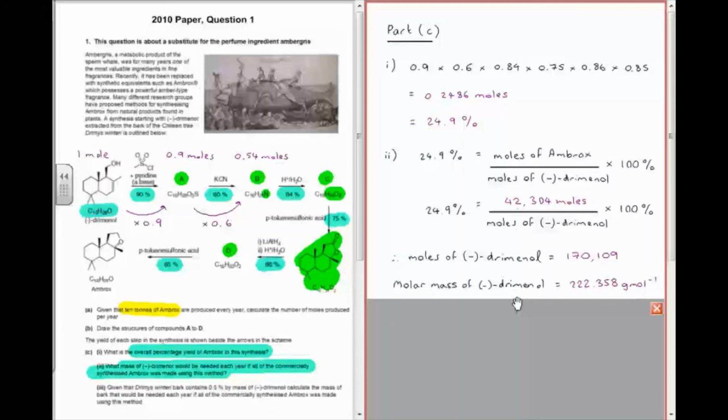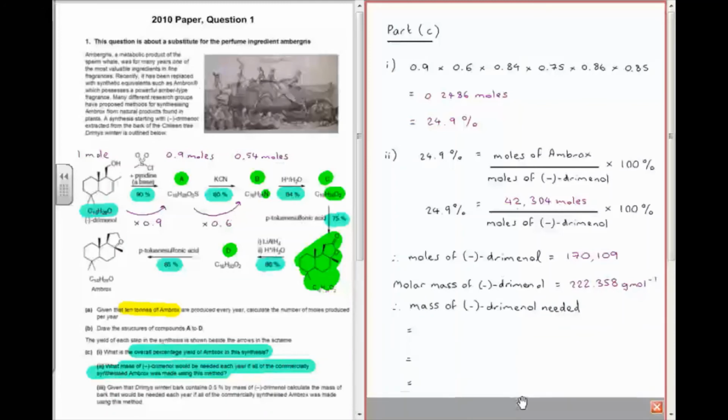Therefore, we can use the equation that mass is equal to moles times the molar mass to calculate the mass of minus driminol, which is equivalent to the moles that are needed. And so substituting these values into our equation, we need 42,304 moles, and each of those moles has got a mass of 222.358 grams per mole.